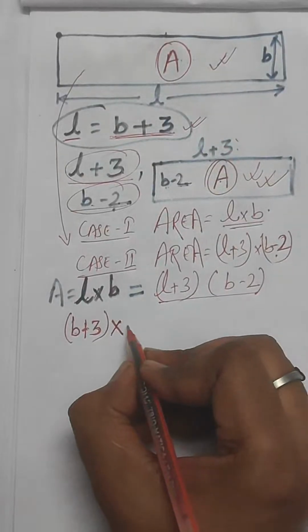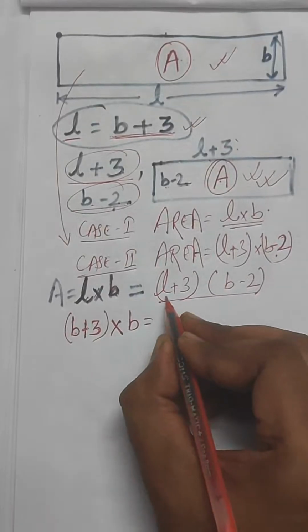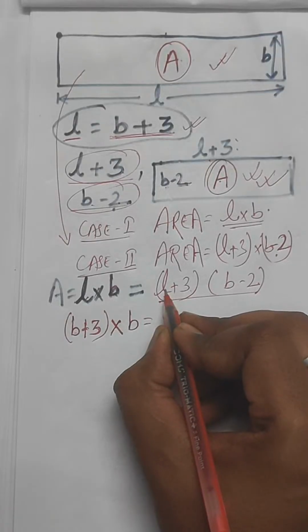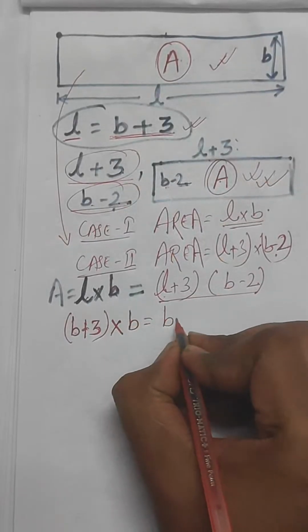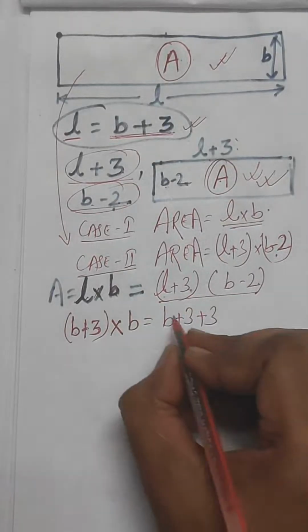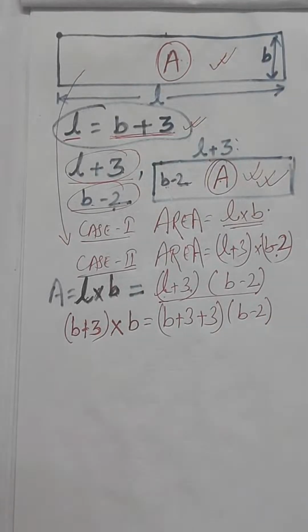B plus 3, keep this B as it is, is equal to L plus 3 into B minus 2. In place of L, write B plus 3, and another 3 was there inside the bracket, and B minus 2, leave B as it is.